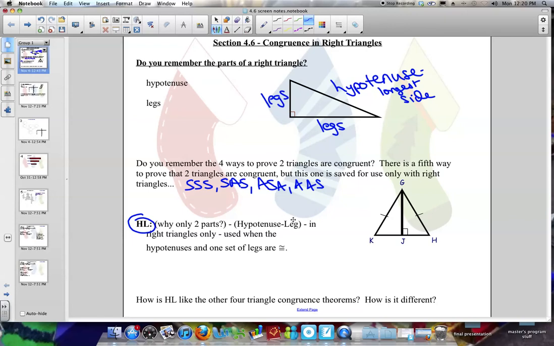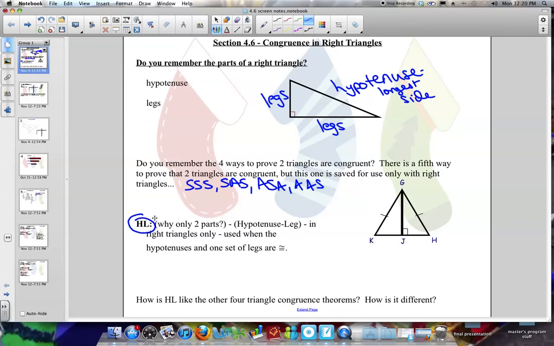So it says if you can show that the hypotenuse and the leg of one right triangle are congruent to the hypotenuse and leg of another right triangle, then your triangles have to be congruent. This one is different from the other 4 in that it can only be used in right triangles, and it only has 2 congruent parts instead of 3.